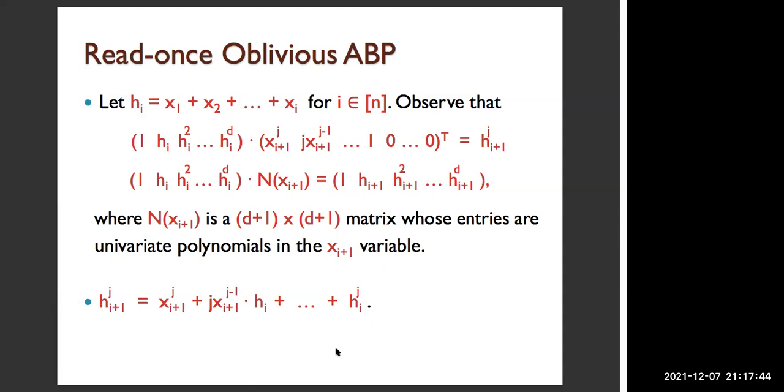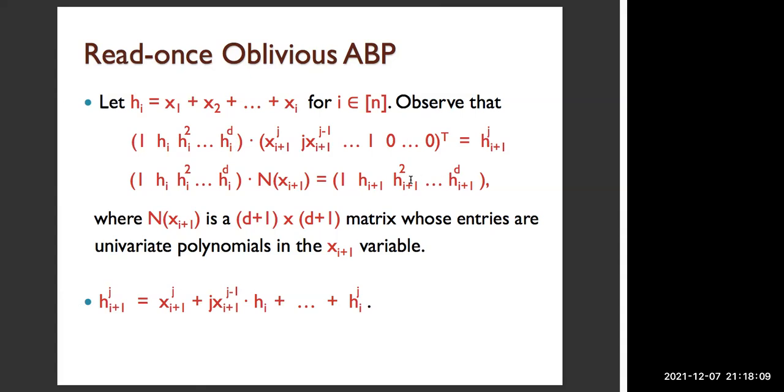And if I write this equation as a row vector times a column vector, it would look like this: I have this row vector 1, h_i, h_i squared, all the way to h_i to the d, and then the different powers of x_{i+1} along with the binomial coefficients. And that will give me my h_{i+1} to the power j.